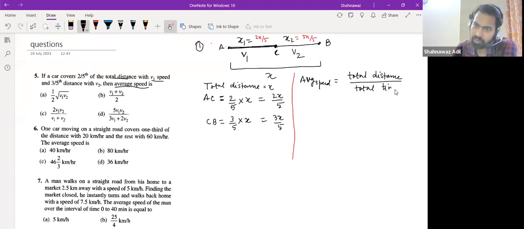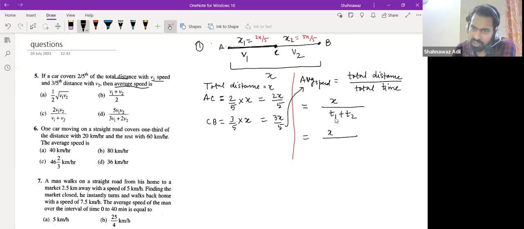Am I correct, guys? Is this correct? Yes. Okay, so total distance is x, and the total time is t1 plus t2, right?